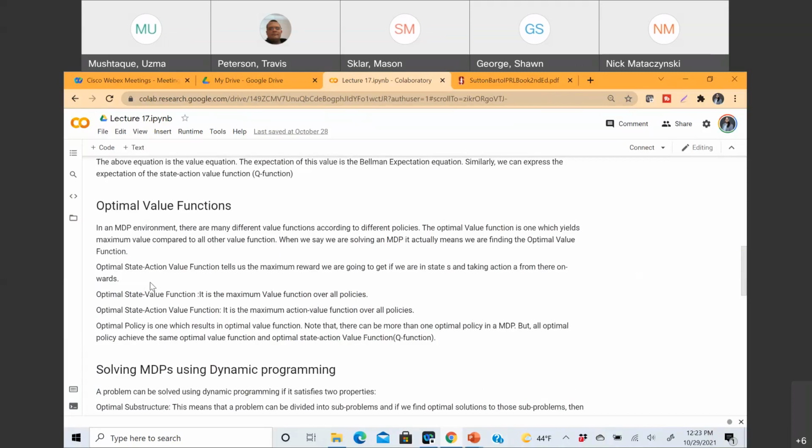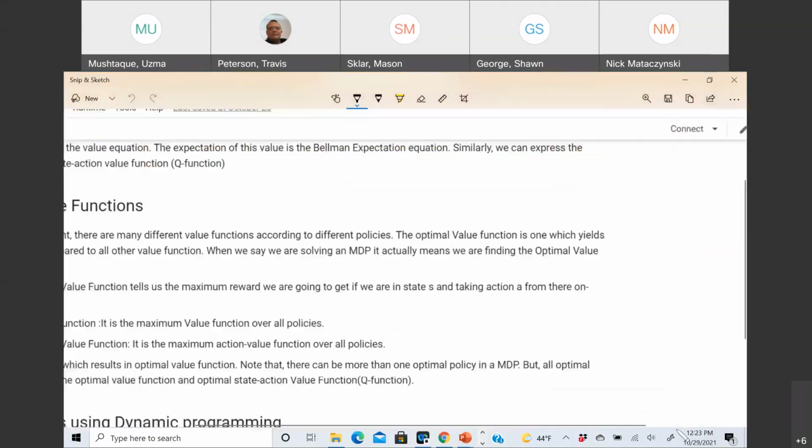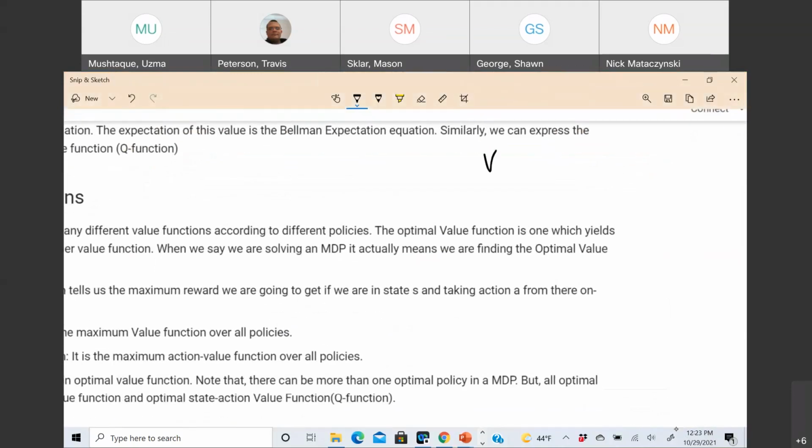So again, the way the book defines this optimal value function, and I'm going to write that again here, is let's say we denote that optimal value function with this V star, and under policy pi, this is the value function which yields the maximum value compared to all other value functions.